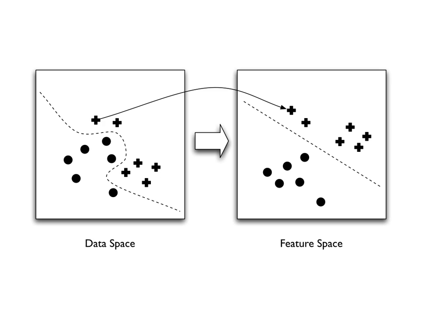So let me show you a picture. Here on the left-hand side, we've got our data space, and we're trying to separate the circles and the crosses. And we can't do it, we need a curved line. So we transform the data into a feature space. I've shown it here as two-dimensional again, but you have to imagine that it's in a much higher dimensional space. And in that much higher dimensional space, we can put a linear discriminant between the two different classes.